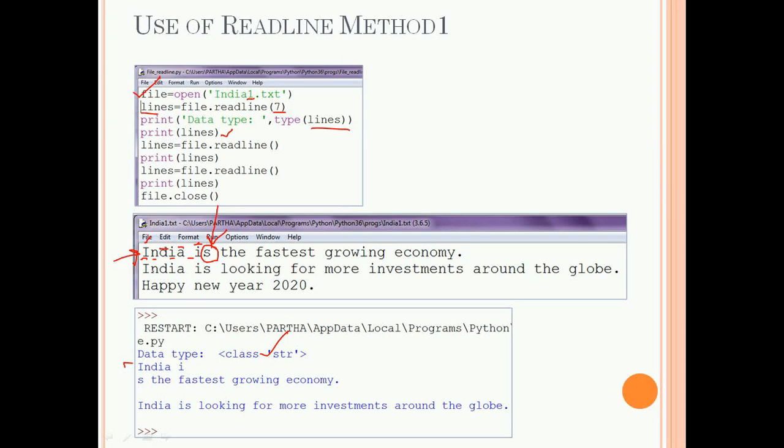That's why the next characters are written in the next line. So here new line character will also be fetched and it is stored in the variable lines.